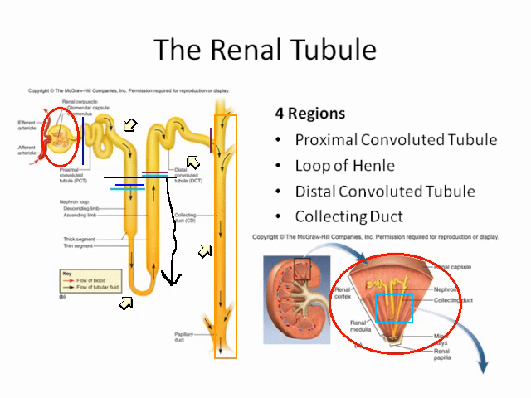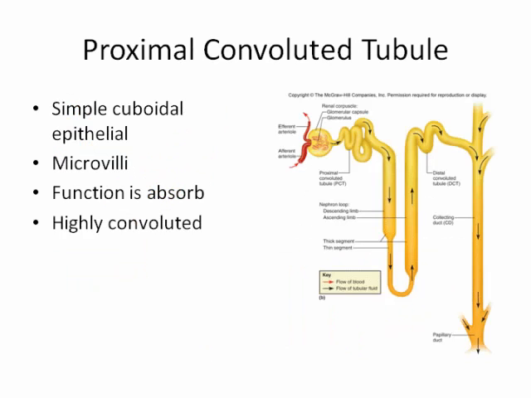You see that the majority of the loop of Henle is in the medulla, and so even here they're showing us basically a juxtamedullary nephron. So keep that in mind when we talk images. You're typically going to see that juxtamedullary, but in reality, the majority of nephrons in humans are going to be the cortical nephrons.